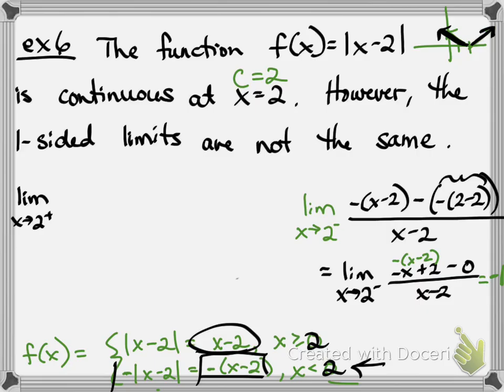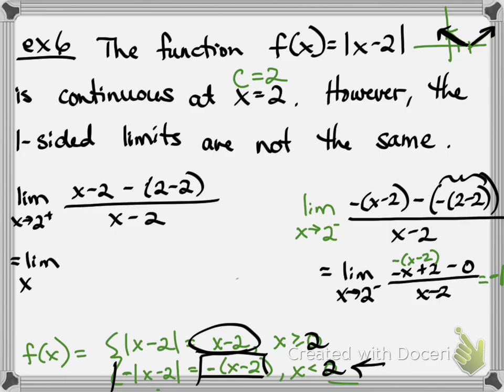So it's f of x, which is x minus 2, minus f of c, so we plug a 2 in there, all over x minus c. So 2 from the right, that's x minus 2 minus 0 over x minus 2. X minus 2 over x minus 2 is just a 1.